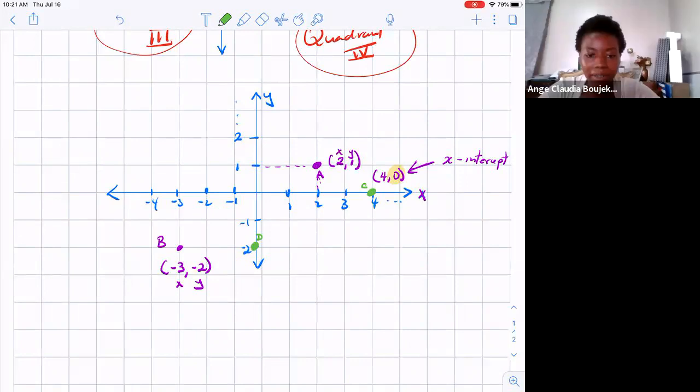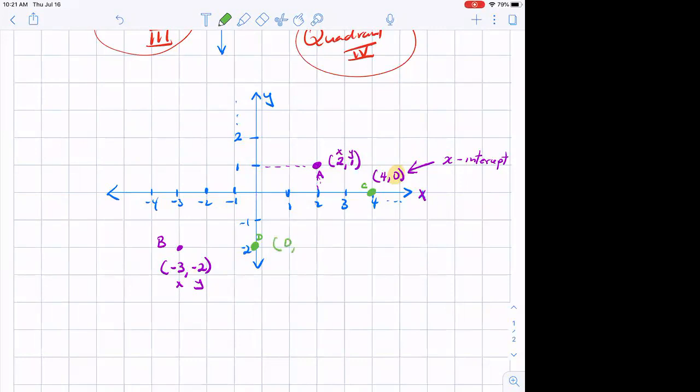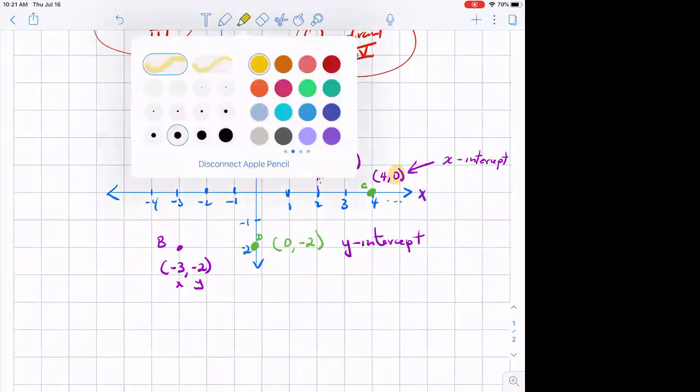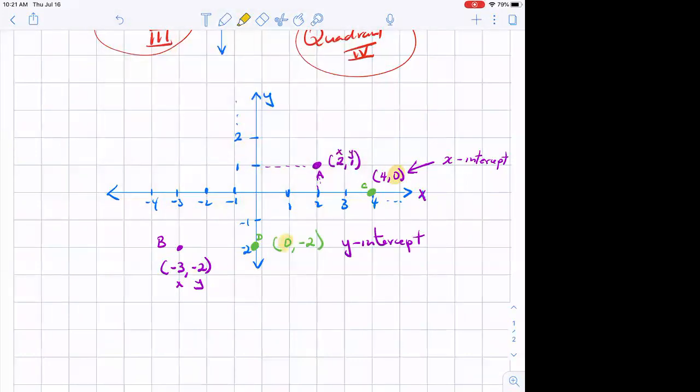At 0, -2. X is 0, y is -2. And similarly, this point here is what we call a y-intercept. And you will notice for a y-intercept, the x value is always 0.